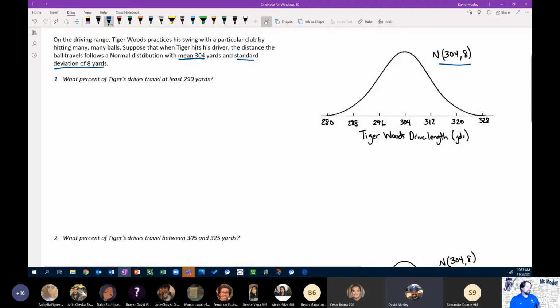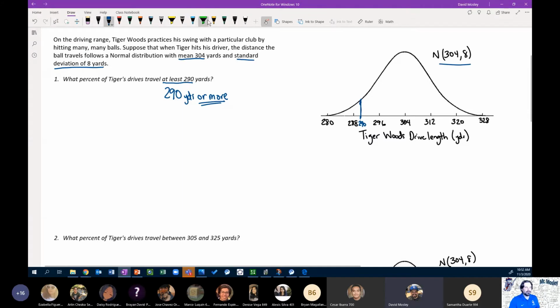So we want to know what percent of Tiger's drives travel at least 290 yards. And that means 290 yards or more. So 290 is probably somewhere around here on our curve, or at least an estimate of where 290 is.